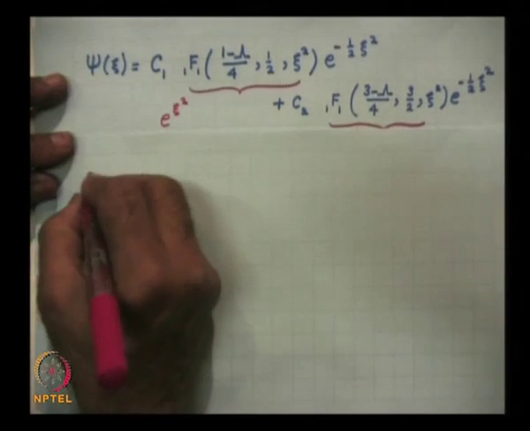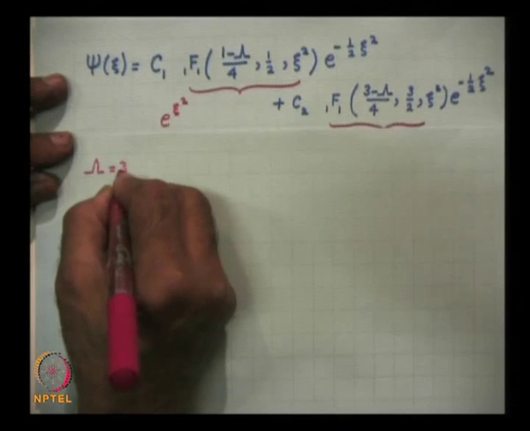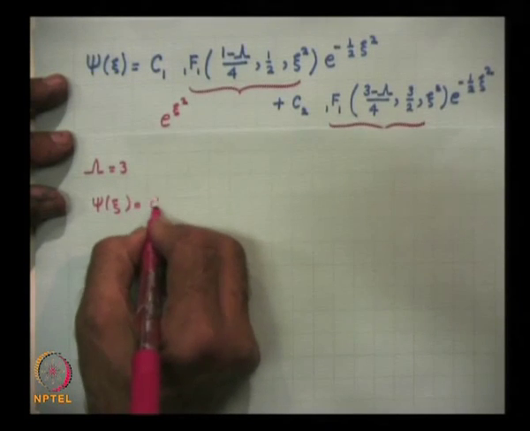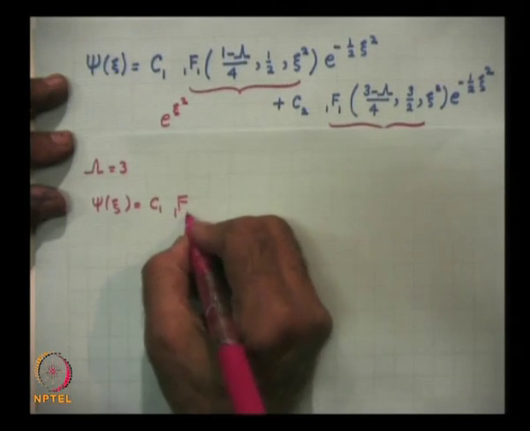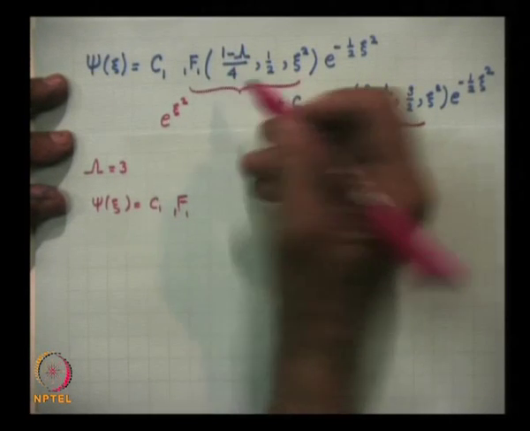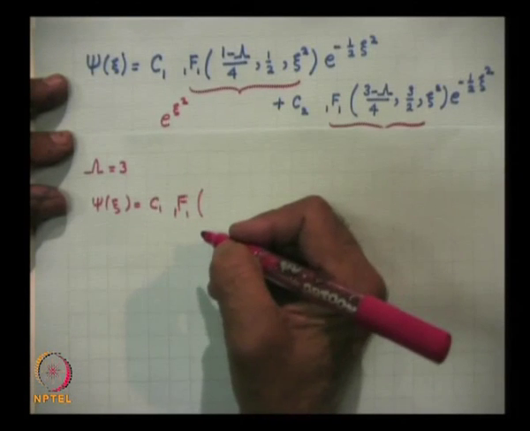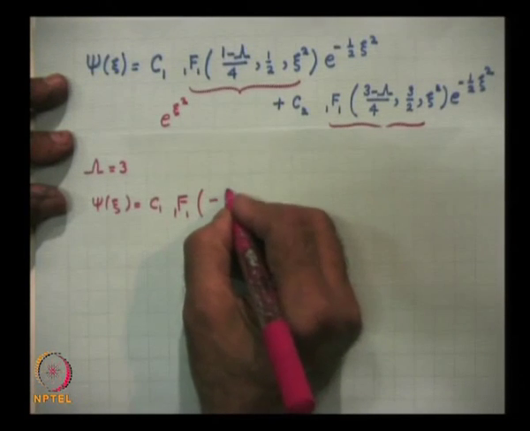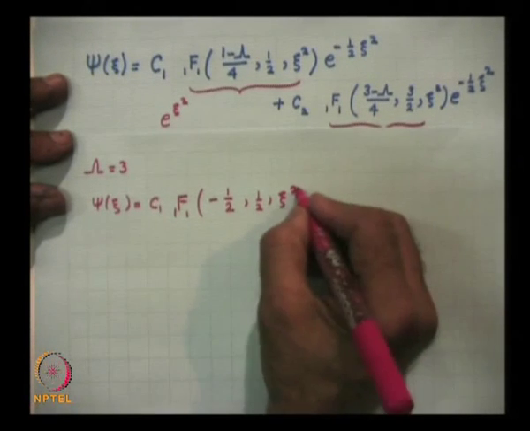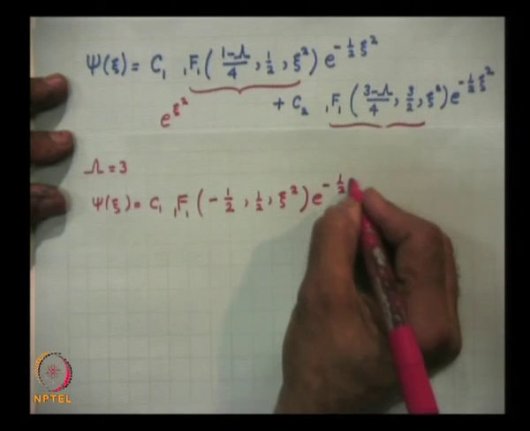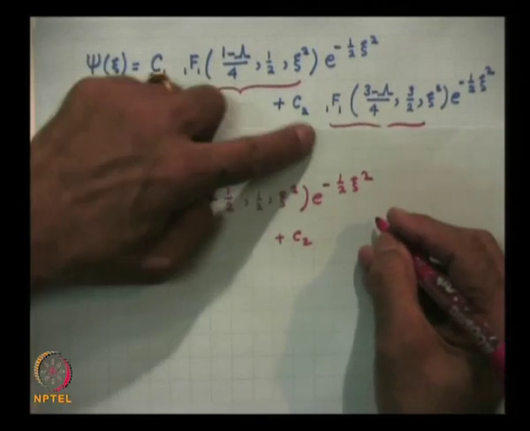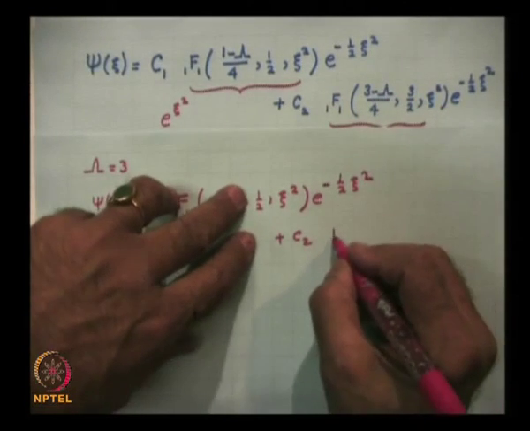So, let me consider lambda equal to 3. Then psi of xi will become C1 F11. If lambda is 3, 1 minus 3 by 4, that is minus 2 by 4, so this will become minus half xi square e to the power of minus half xi square, plus C2, and if lambda is 3, then this is 0.